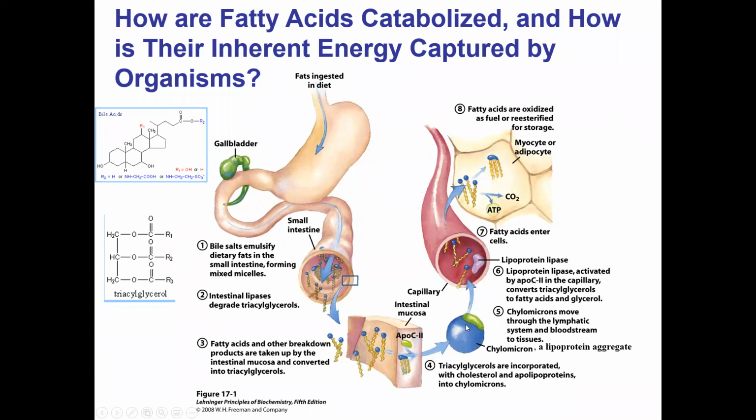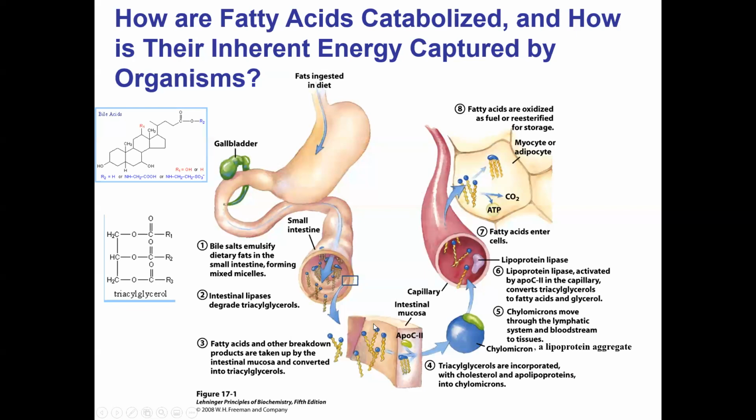Wow, it's beautiful. It's like a football, but on the surface, you will see certain proteins and certain charged groups. I will show you the structure of chylomicron in detail in a little bit. But basically, this intestinal mucosa has a capacity to take all the hydrolyzed fatty acids and glycerol and assemble that whole thing with the help of certain proteins like ApoC2, shown here in green.